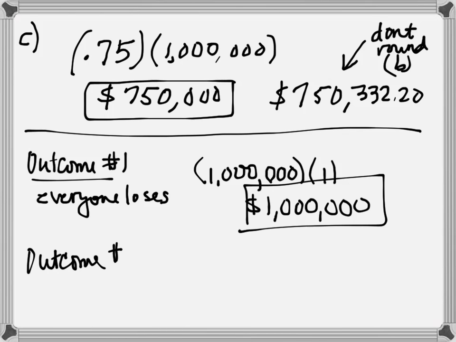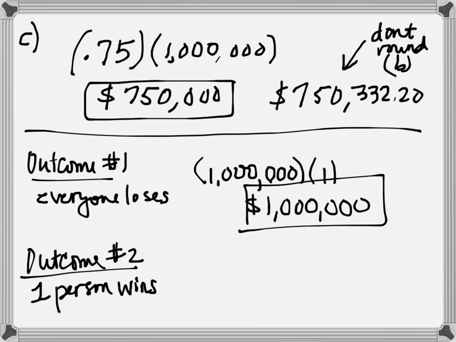Outcome number two is that someone wins, right? So if one person wins, well, we already know that $1 million was brought in as revenue from the ticket sales. But what happens when a person wins? They get money.